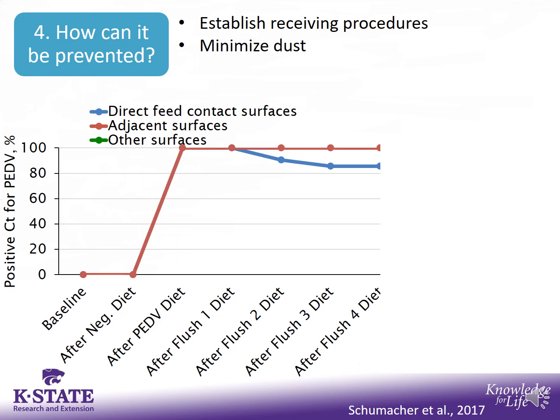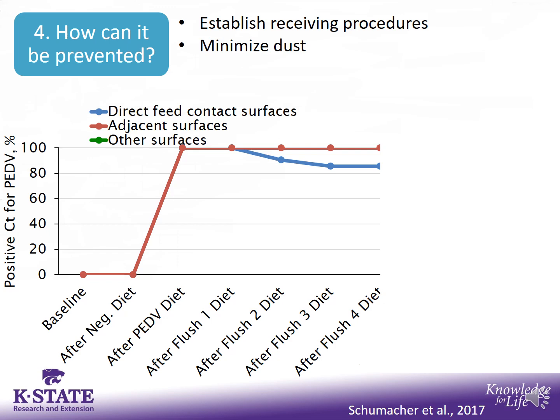Again, after baseline and after the negative diet, all of those surfaces were negative. But as soon as we introduced porcine epidemic diarrhea virus to the manufacturing environment, all of those adjacent surfaces went positive, even though we never directly applied the virus to those surfaces. Not only did they go positive, but they retained their positive status throughout the entire manufacturing process.